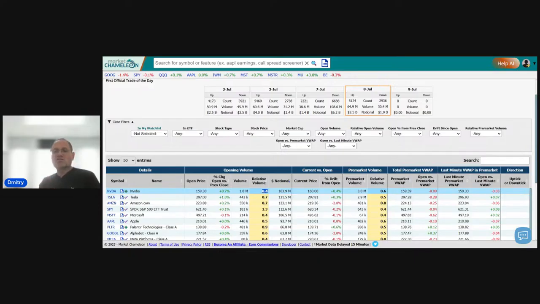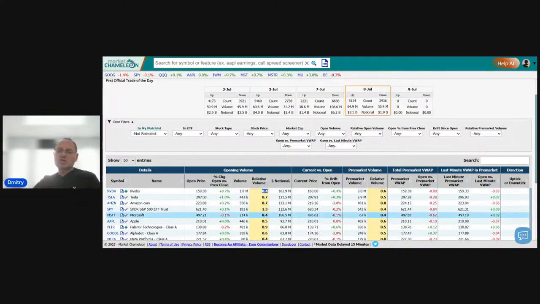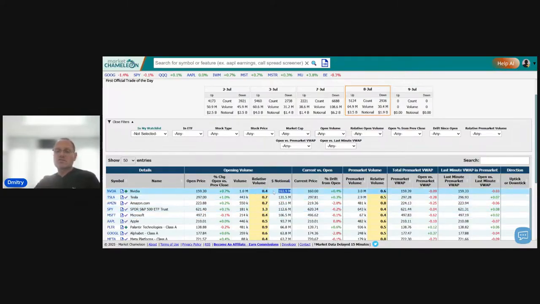It takes the average daily volume for the last 30 days and compares by a ratio: 1 million divided by the average daily volume is 0.4. So it's nothing that great, not a lot of relative volume behind the move. But it traded $163 million worth of stock at the open.